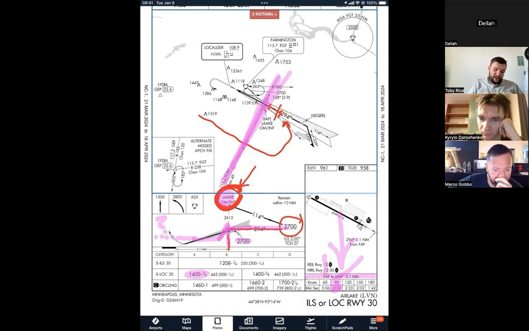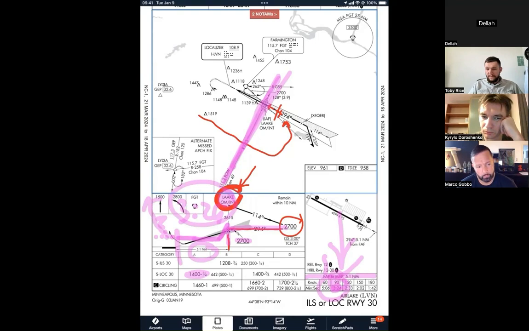Descend down to 1400 and stay level at 1400 until the timer expires. When 3 minutes and 24 seconds expires, which will be about right here, because the distance is 5.1 miles at 90 knots, should take you this long to get there, then you would execute the missed approach procedure.